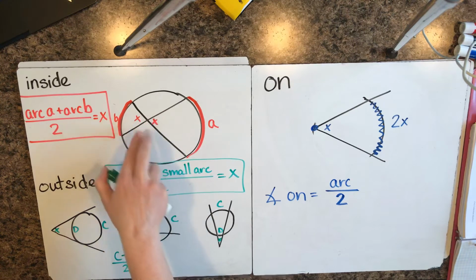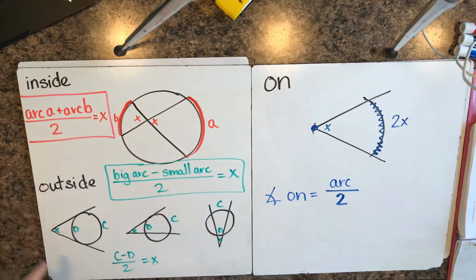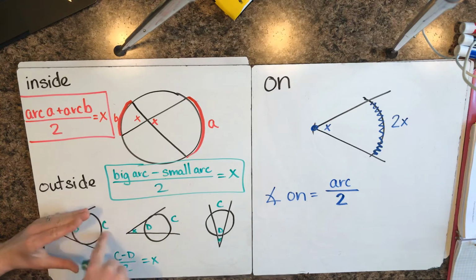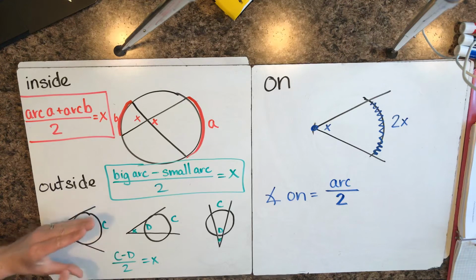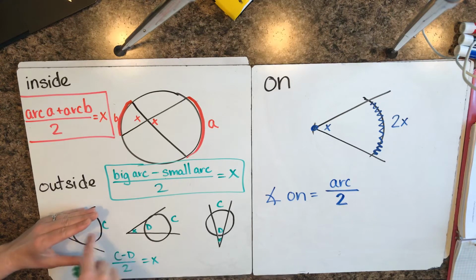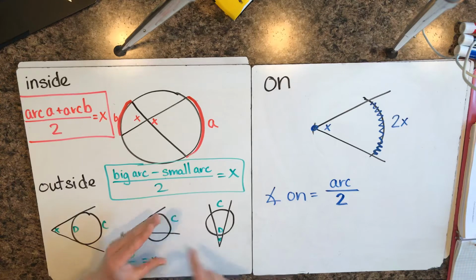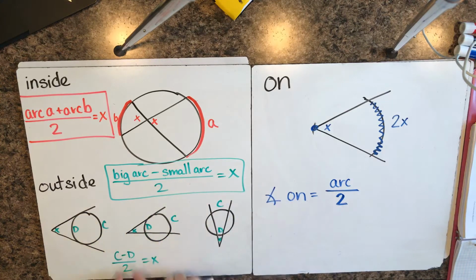So if I add those x's, it also equals a plus b. And if it's on the outside, this thing's so hungry it's one mouth eating two arcs. So in this case, you take the big arc minus the small arc, and then divide by 2, and that gives you your angle.